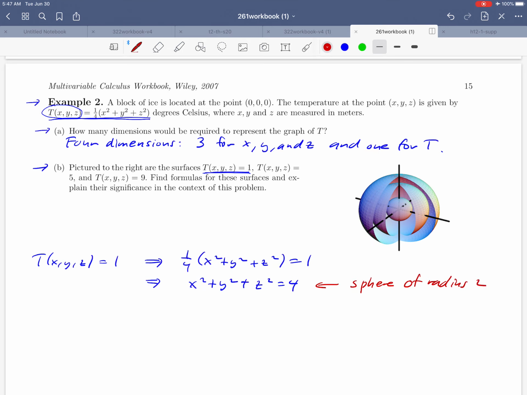Okay, and what's special about that sphere? What's its significance in this problem? Well, one way to think of it is to remember that this 1 is a number that we set equal to T of x, y, z, so that means that that's a temperature. So you can think of the sphere as being the set of all points in three-dimensional space where the temperature is 1 degree Celsius.